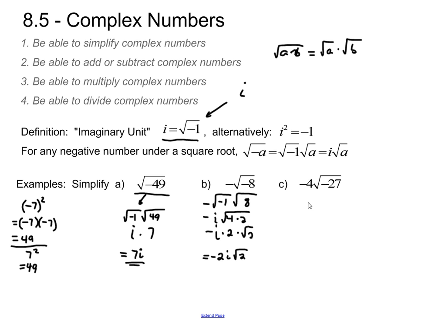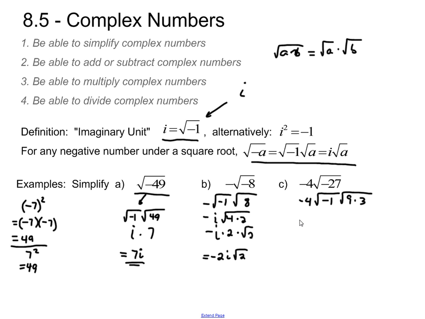Okay, c. Well, let's work on this one. This is a really similar idea, right? We're going to be taking negative 4 times whatever we get from the square root of negative 27. So we use this rule to handle the square root of our negative and rewrite it as the square root of negative 1 times the square root of 27. And 27 we happen to know to be 9 times 3.